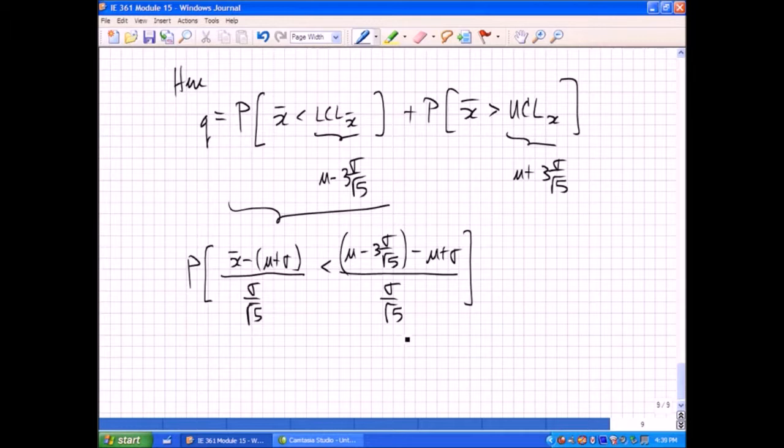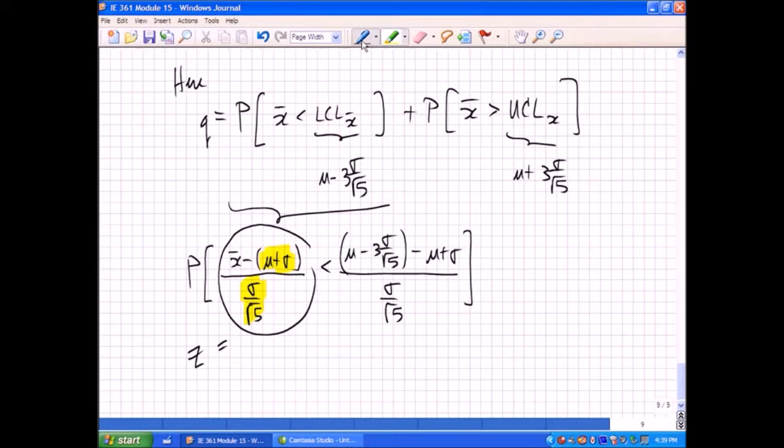And sort of magically here, this guy is now somebody that I'll call a standard normal variable. Why? Because I've taken a sample average, I've subtracted its new hypothetical mean here, and I've divided by its standard deviation.